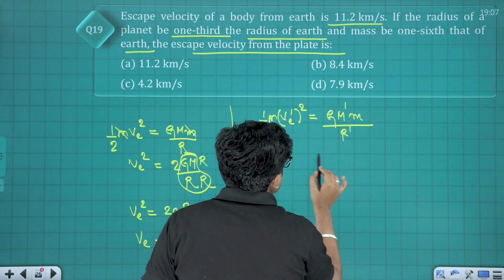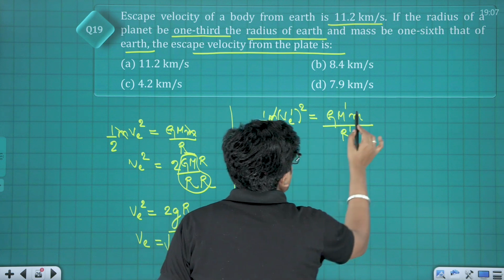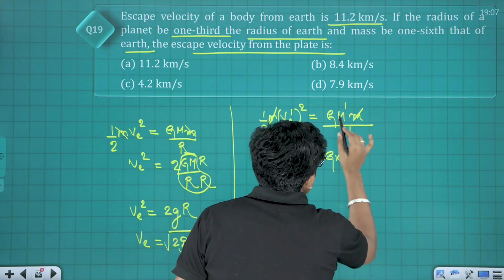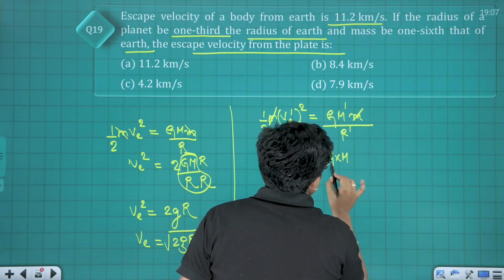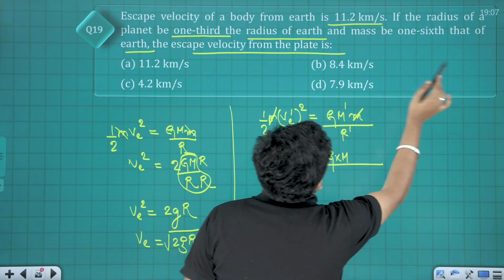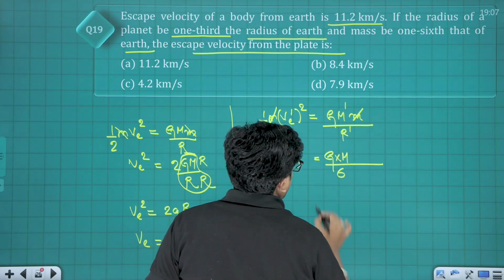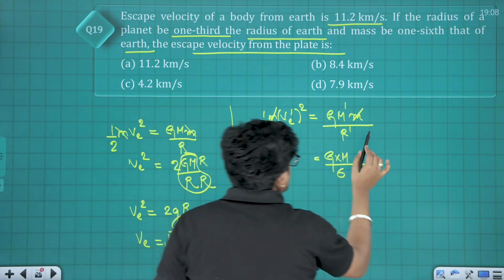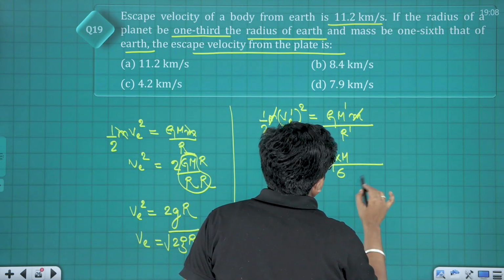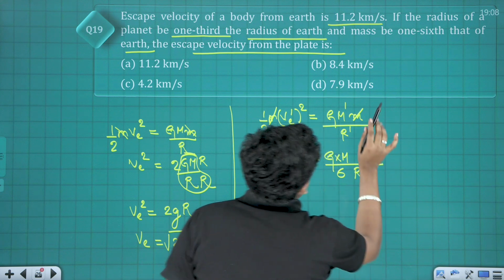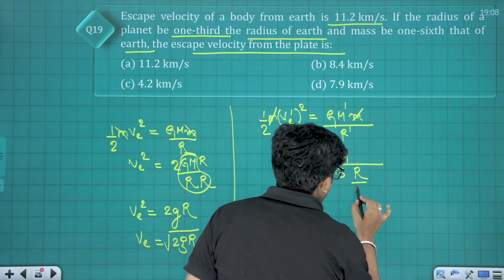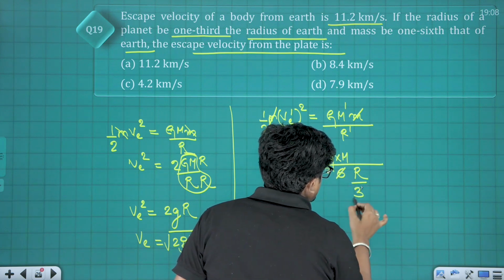Now here, definitely this one and this one will cancel each other. Now here this is going to be G into, what is capital M? M dash is going to be M by 6. And r dash is going to be what? R by 3, isn't it? Radius is 1/3 of the radius. So R by 3. So here this one and this one will cancel each other.